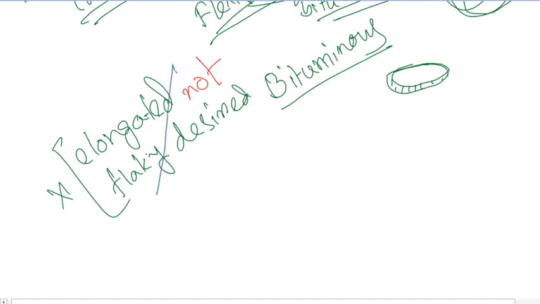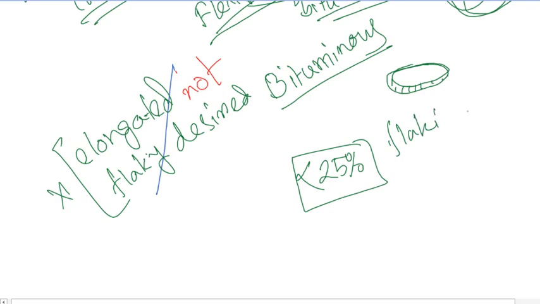As these two types of particles are not desired, we will try to keep the elongation index or flakiness index of the aggregates as low as possible. And what is the usual value? Someone says it must be less than 25%, both the flakiness and elongation index.